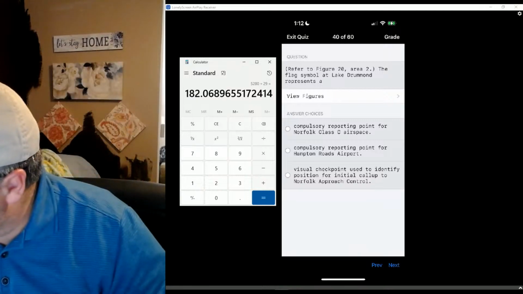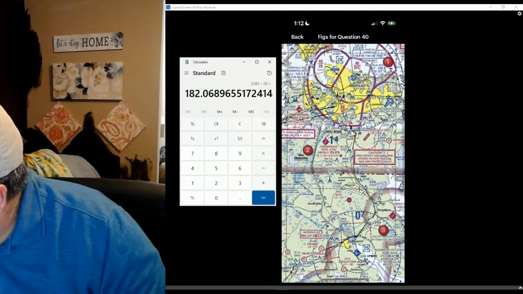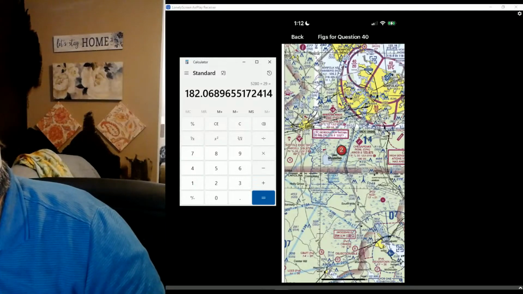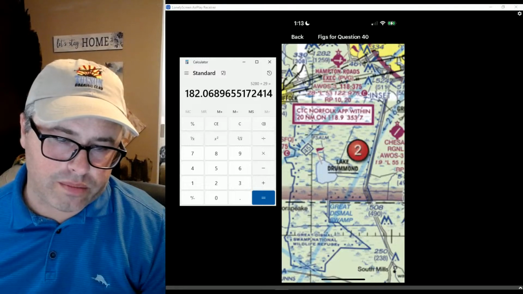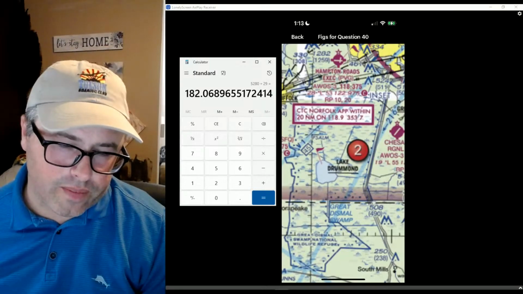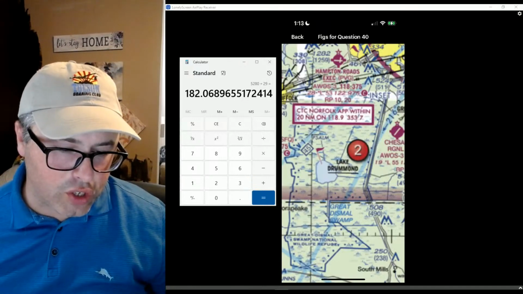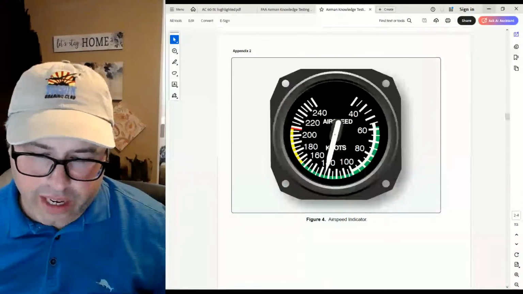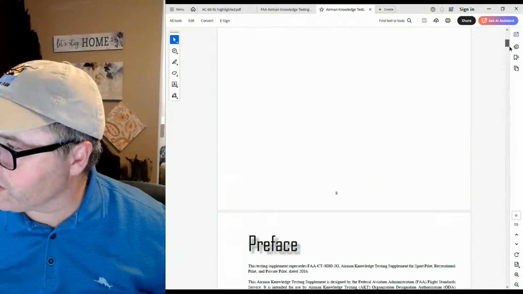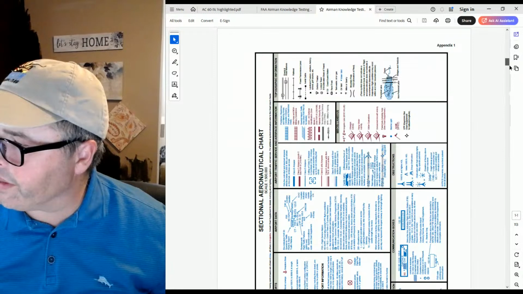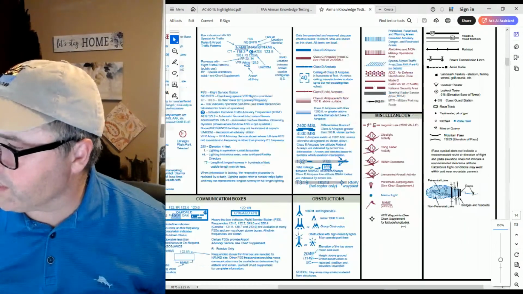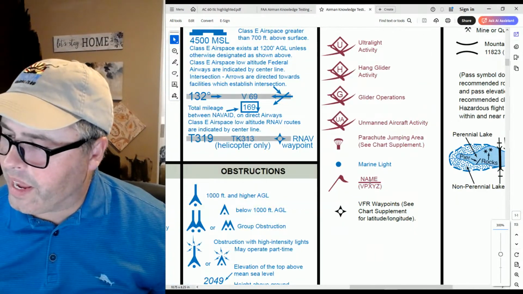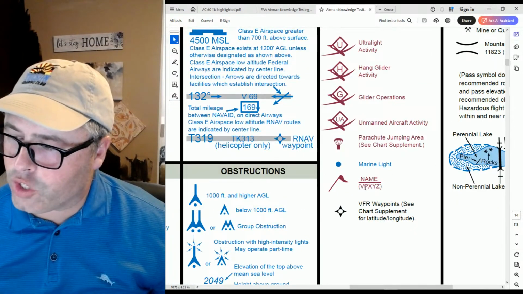Lake Drummond, right there, and you see this little flag. If you look at the beginning of your test supplement, again, we go back to the test supplement. Hey, look, there's that little flag. Miscellaneous: VP, visual point.